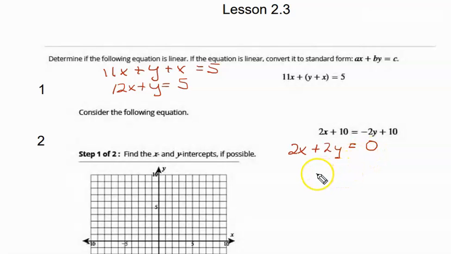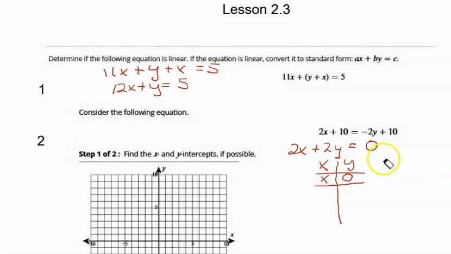Now, what we will do to find the x and y intercepts is use that t-chart. And an interesting thing happens. When x is 0, we have 2y equals 0, so y is 0.